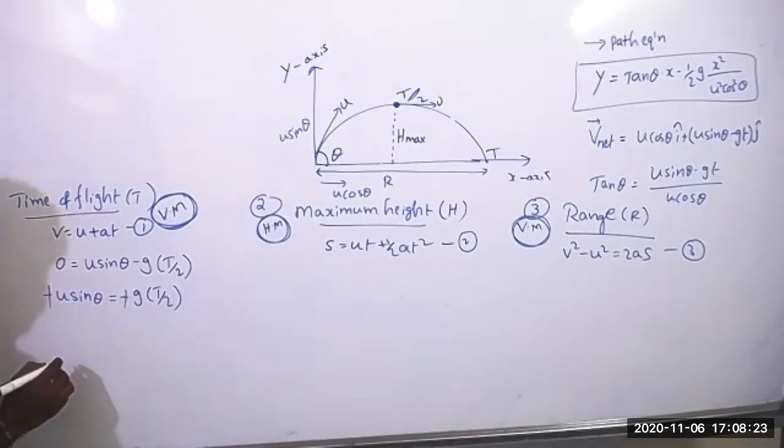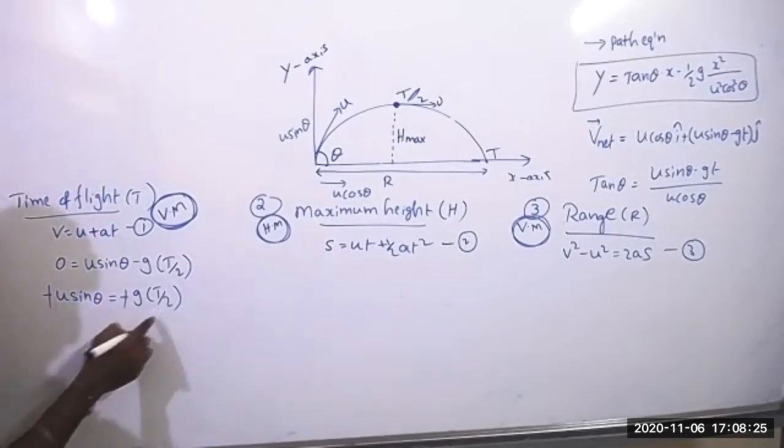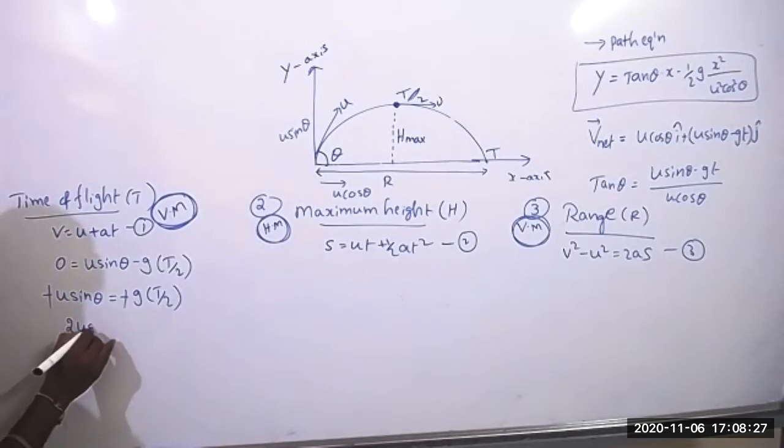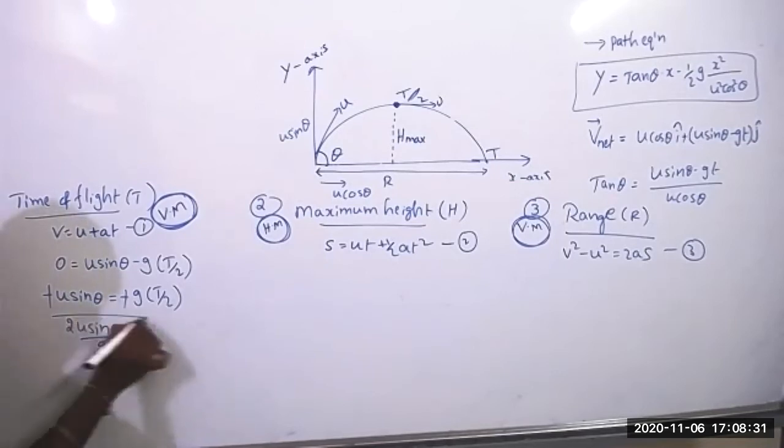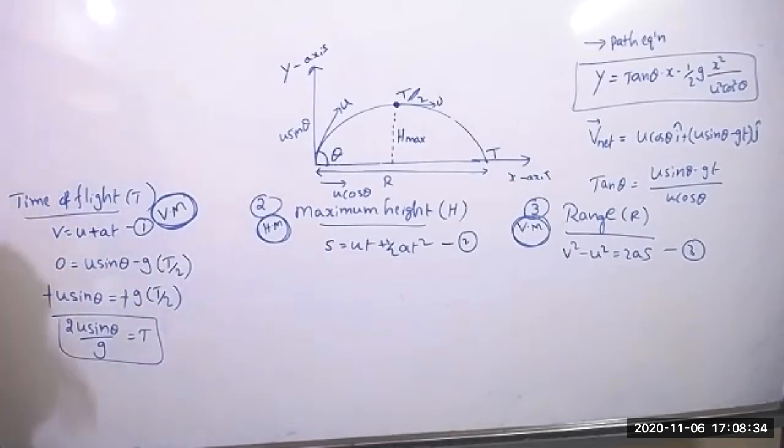Minus will get cancelled. So T equals 2U sin theta by G. It is called the time of flight formula. Am I clear? Yes, sir. No doubt. Right?